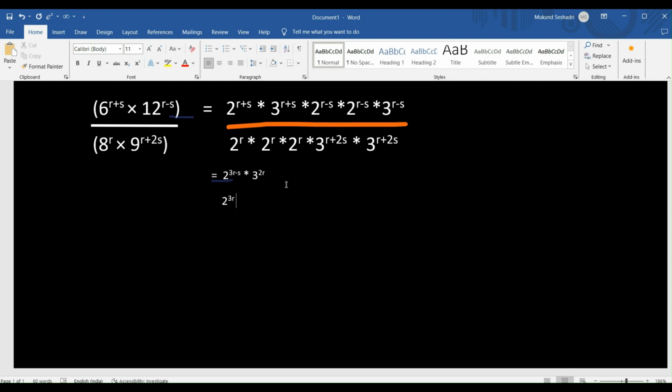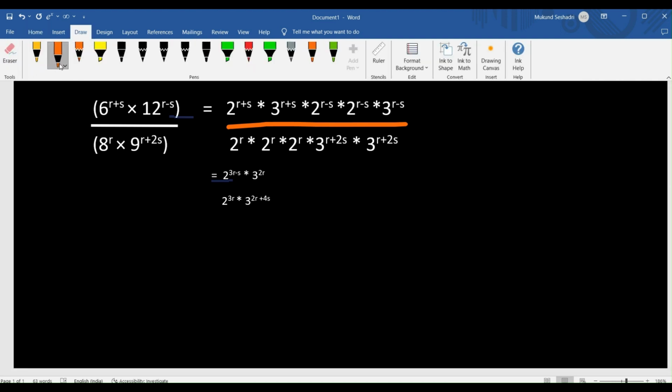And then we have 3 to the power r plus 2s into 3 to the power r plus 2s, right? I can rewrite this as 3 to the power 2r plus 4s, right? So now let me draw the divide symbol.